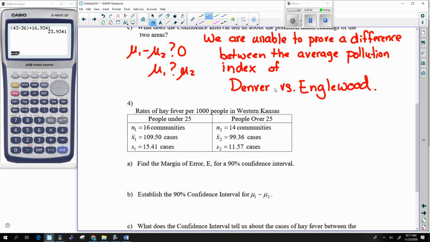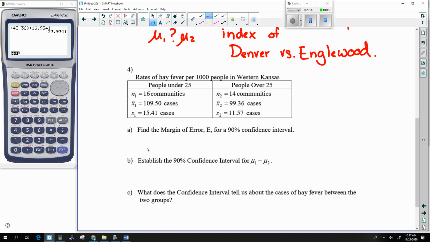All right, number 4 is the same type of problem, but this has an S, so that means we're going to be getting a TC to help our margin of error. So our margin of error, again, is not ZC, but rather TC because it has S1 squared and S2 squared. Because I have a confidence of 90%, and for the degree of freedom, again, use the smaller of the two Ns.